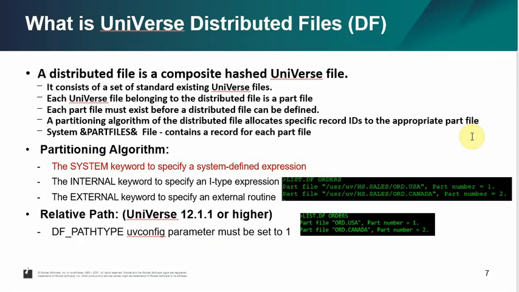On UniVerse 12.2.1.1, you can specify the path, called a relative path, defined in the uv config file. If you run the LIST.DF command, you will see the difference. The first one by default uses the path, and the second one is without the path.